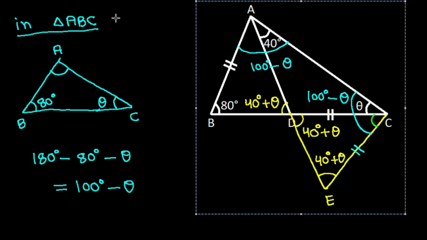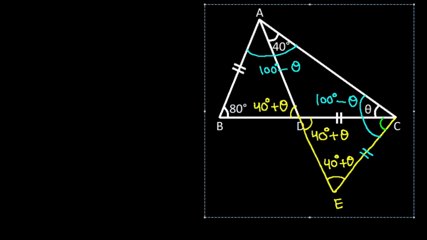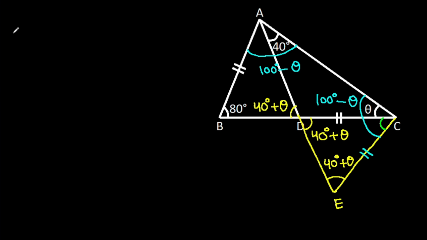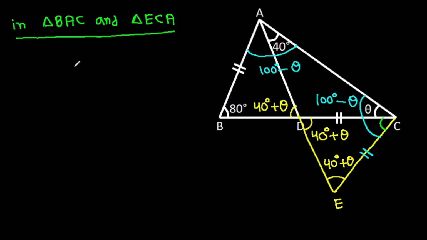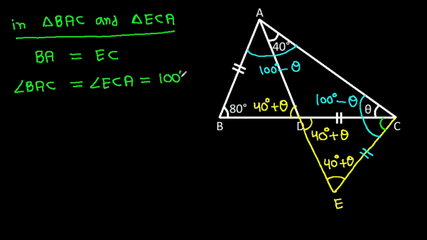And now in triangle BAC and triangle ECA, we have BA is equal to EC and angle BAC is equal to angle ECA, that is 100 degrees minus theta, and AC is equal to CA.